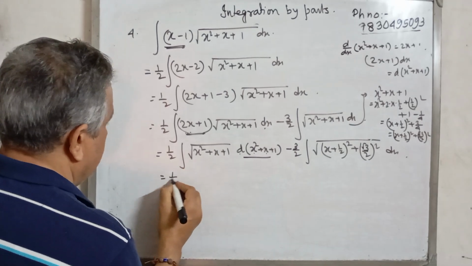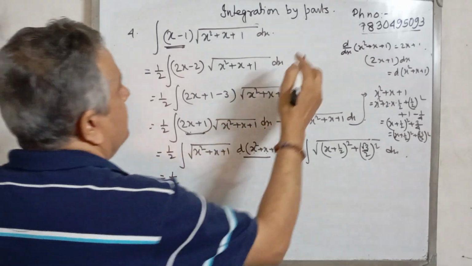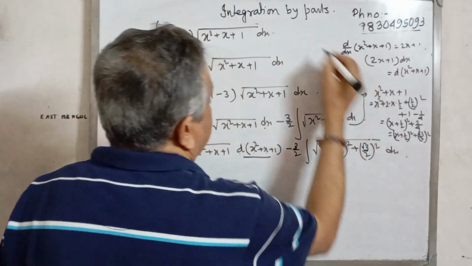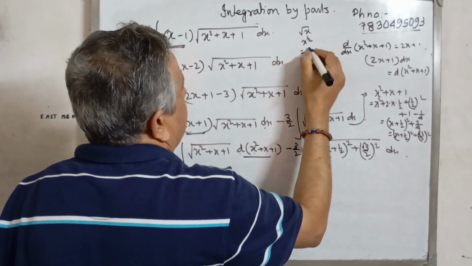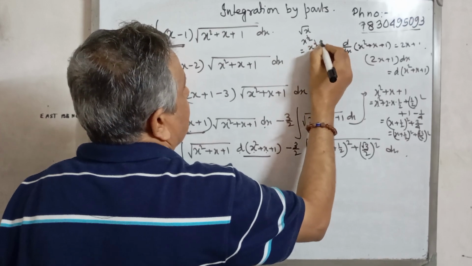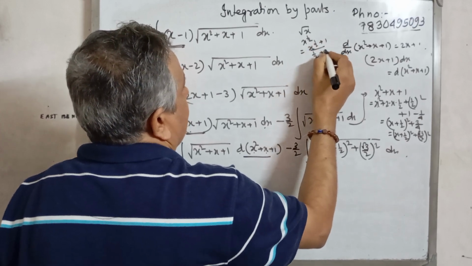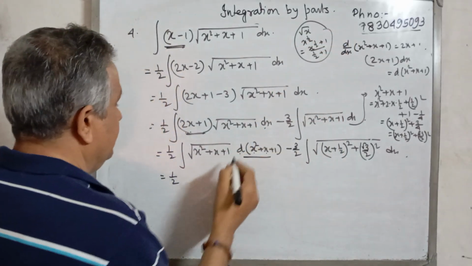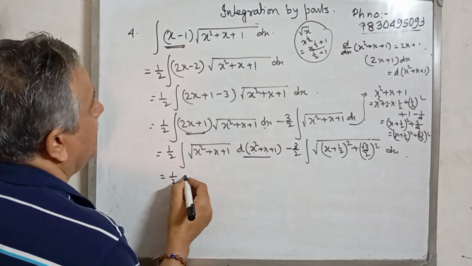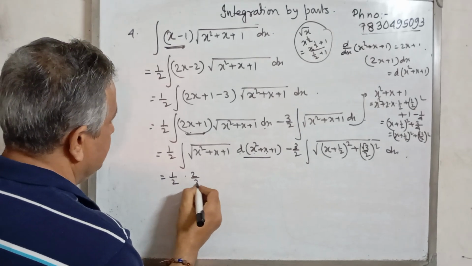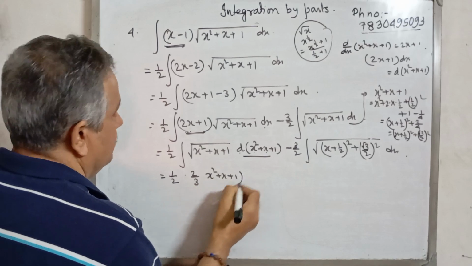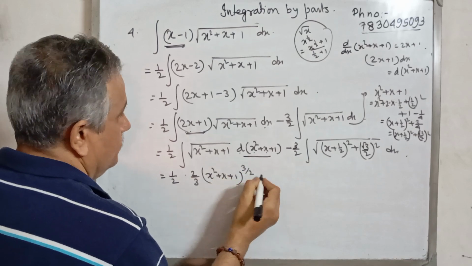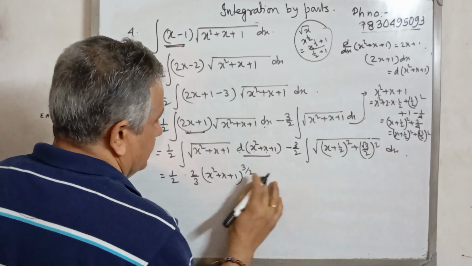So by integrating it, integration of root x is x to the power half plus 1 by half plus 1. By this method we have 2 by 3 x square plus x plus 1 whole to the power 3 by 2 minus.